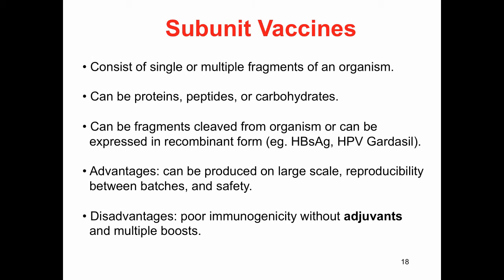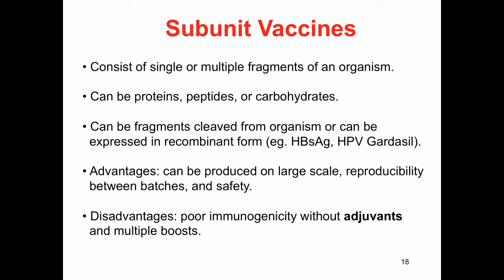Sometimes they're fragments that are cleaved from the organism and purified in the laboratory, or sometimes they're produced using recombinant DNA technology. The advantages of these subunit vaccines are that they often can be produced on a very large scale. It's easy to do quality assurance and assure reproducibility between batches, and because there's no intact organism at all, they're generally considered very, very safe.